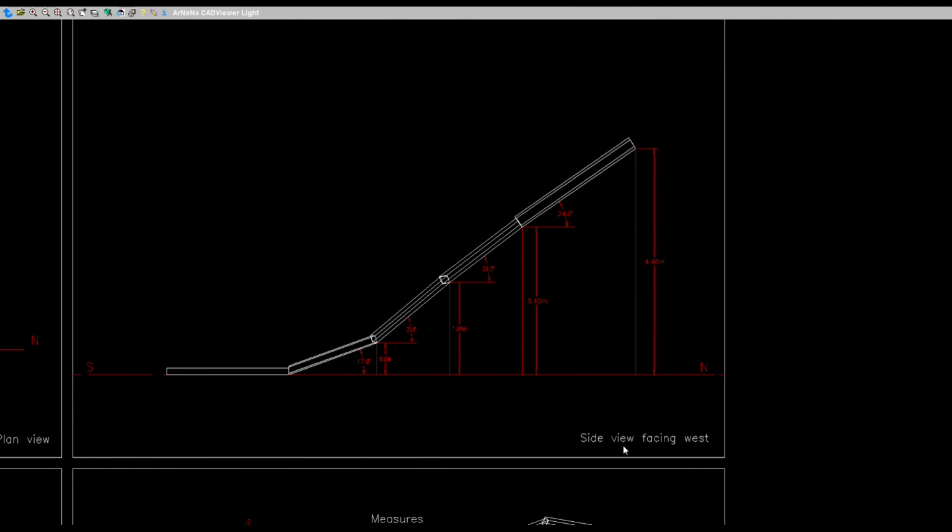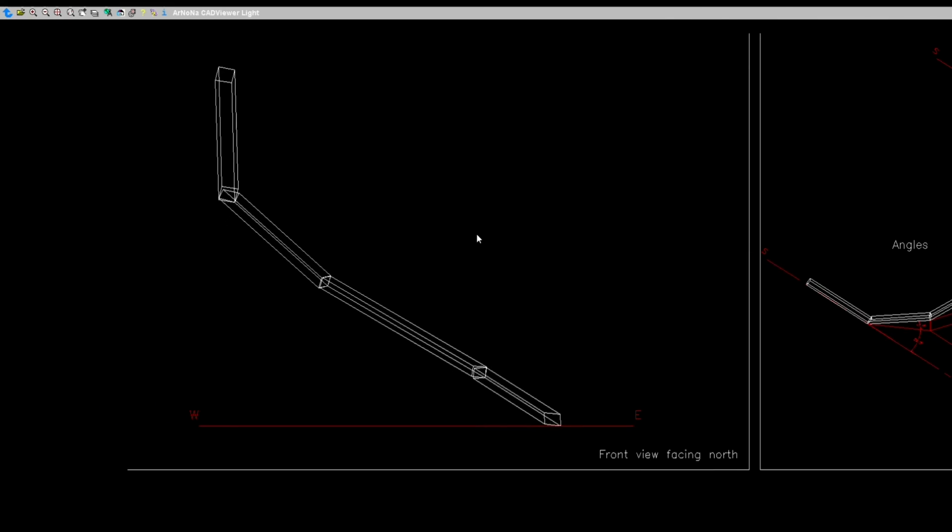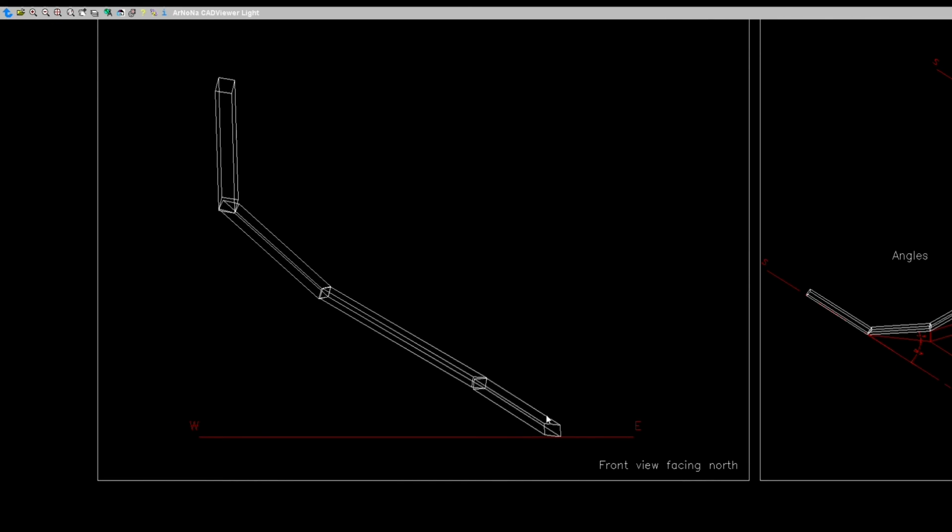Here it is from the side view. If you were looking from, I guess, from the antechamber, you could see through it. Here you can see how it goes up and how far up it goes. And here, if you were standing inside the king's chamber, goes to the left and then up.